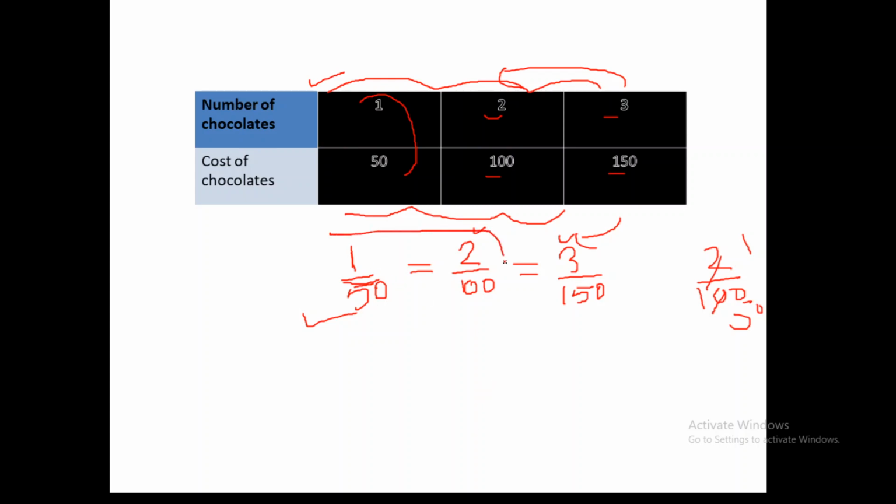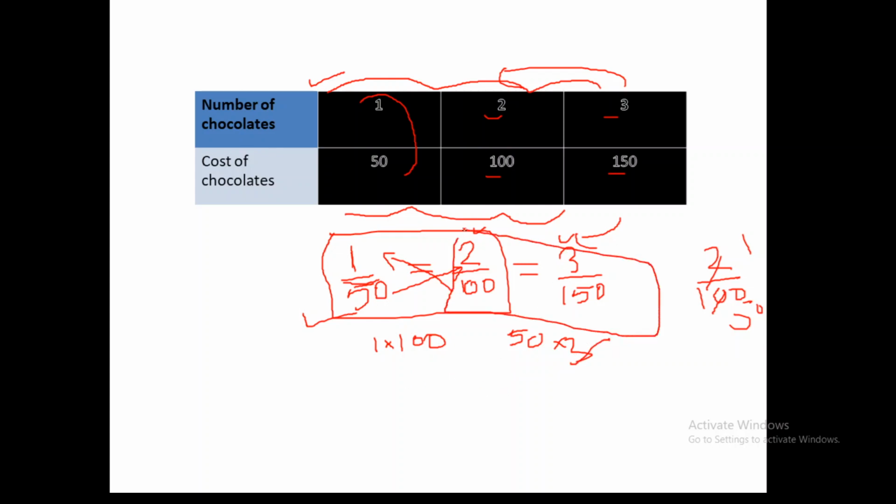One more thing we know in direct proportion, in like fractions, if we cross multiply this 1 into 100 and this 50 into 2, the answer is the same, right? 50 into 2, the answer is the same, 100, right? Here, you take these two, or you take these two.